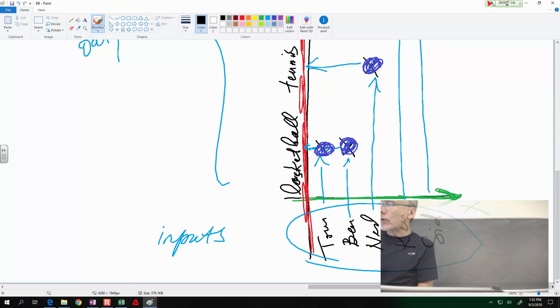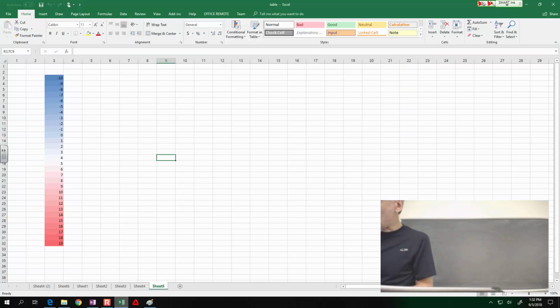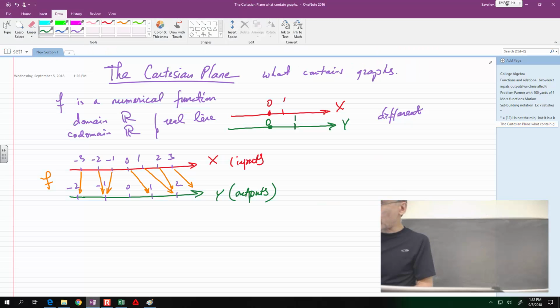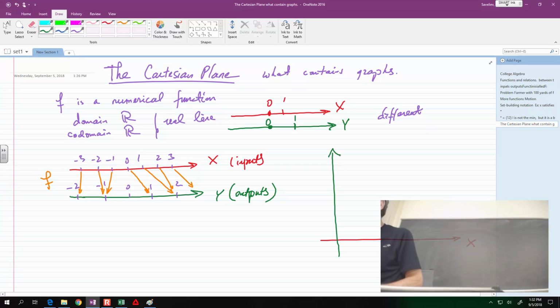The only thing that is different is that we are putting the x-axis horizontal and the y-axis vertical. So let's go straight to graphs to point out what we're looking at. I am putting the x-axis horizontally, and I'm putting the y-axis vertically. It is a kind of table of values in which each column will have one entry.